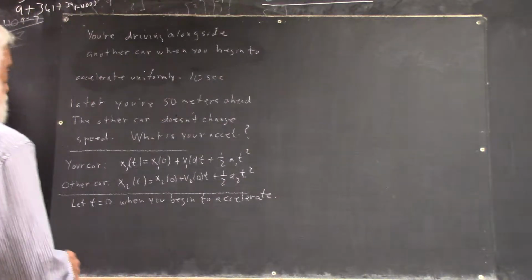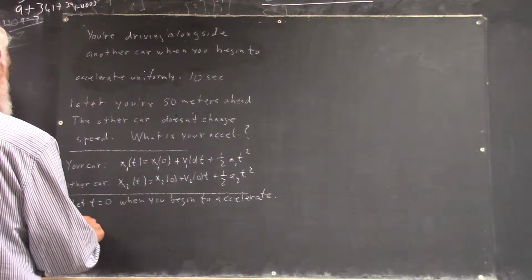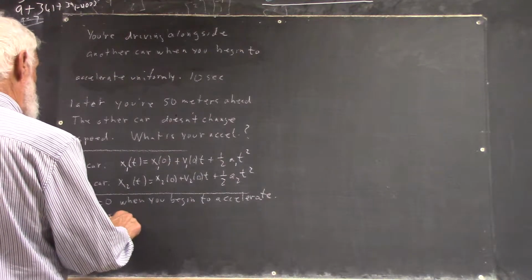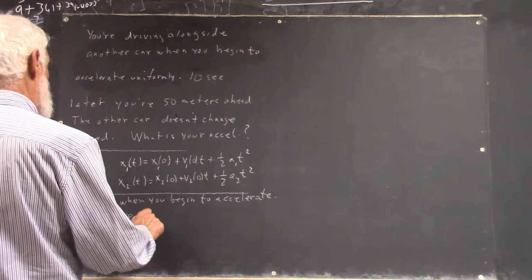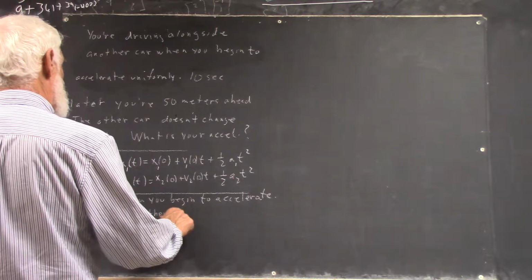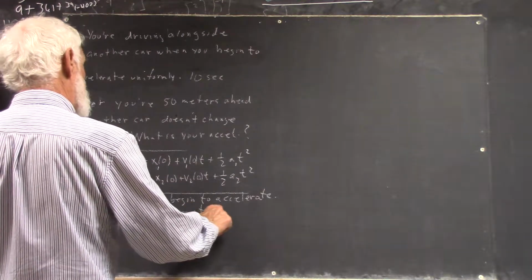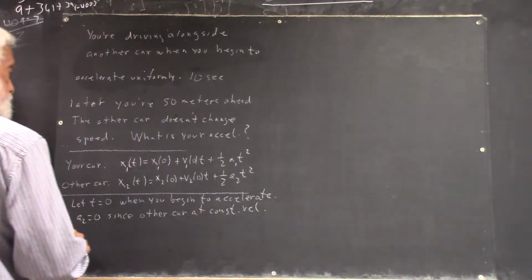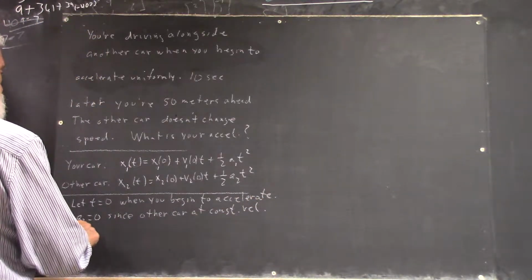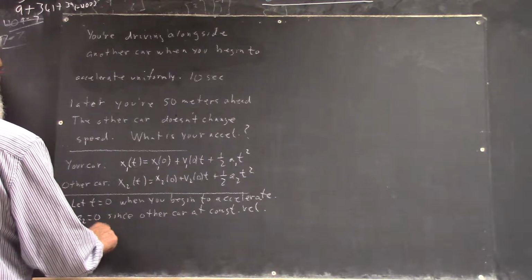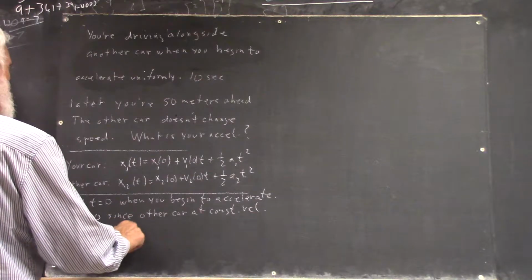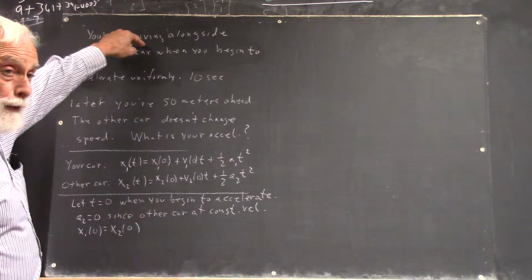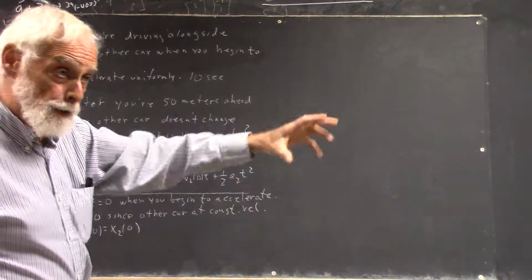Now, a2 equals 0, since the other car is at constant velocity. x1 of 0 equals x2 of 0 because you're driving alongside that car when you begin accelerating.